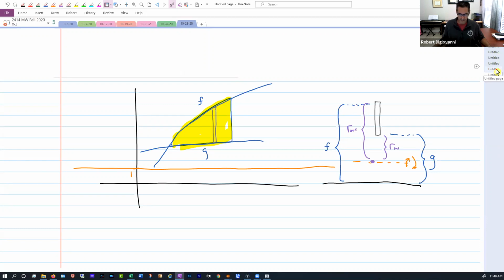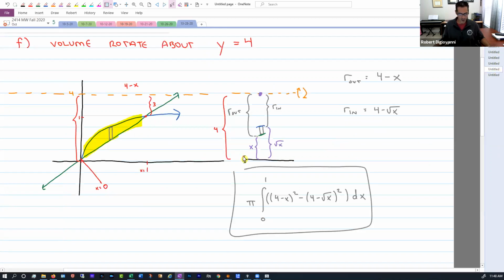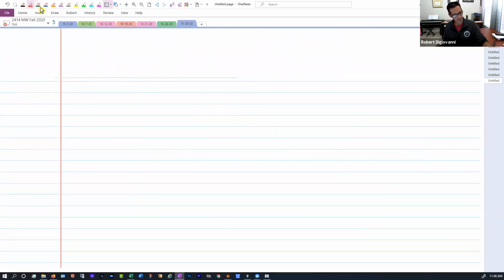All right, where are we? We're done with this. Okay, now we're going to move to part F, part G. Let's rotate about x equals -10. So I'm going to draw a picture.